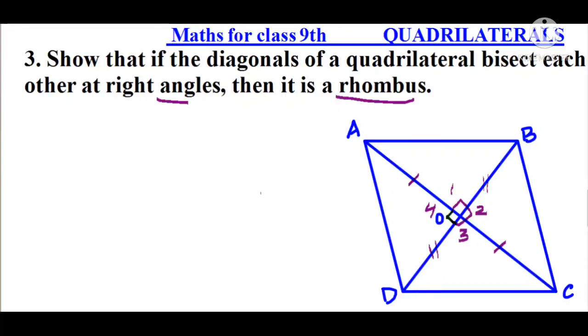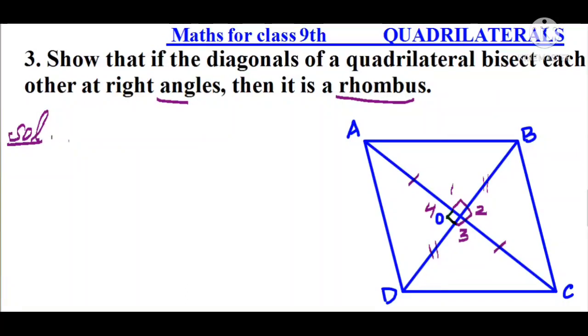Other way is that first I will prove that ABCD is a parallelogram, and then I will show one of its pair of adjacent sides equal. And you know that if one pair of adjacent sides of a given parallelogram are equal, then it is a rhombus. But I think the first way is the easiest way, and I will choose the first method.